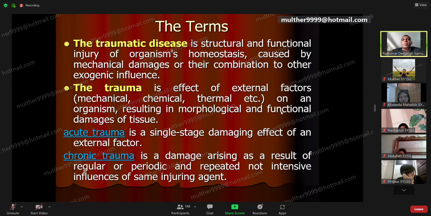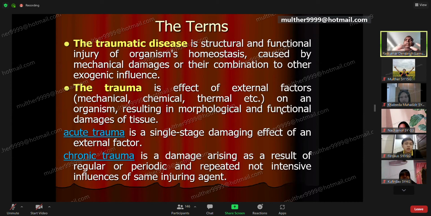What is chronic trauma? Damage arising as a result of regular, periodic, repeated, and non-intensive influence of the same injuring agent. For example, it's very common in sports people. They constantly strain their muscles, tendons, and ligaments.